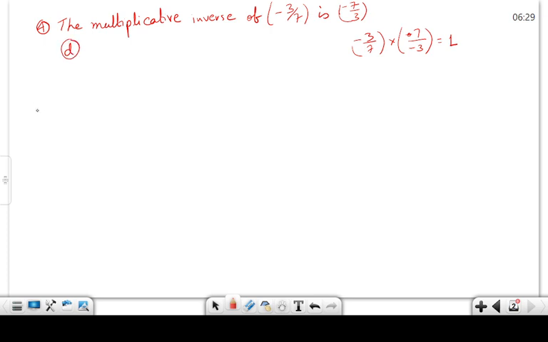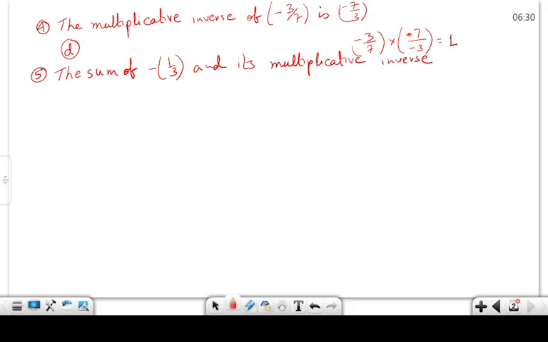Now question number 5. What is given? The sum of minus 1 by 3 and its multiplicative inverse is.